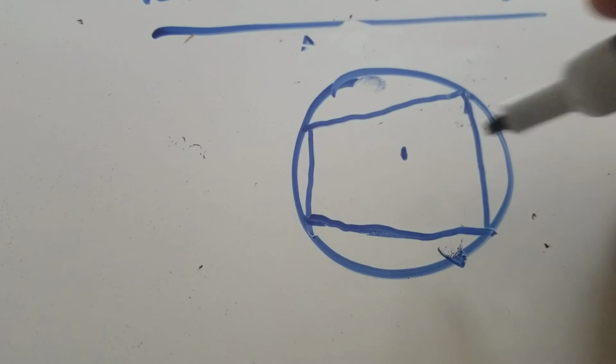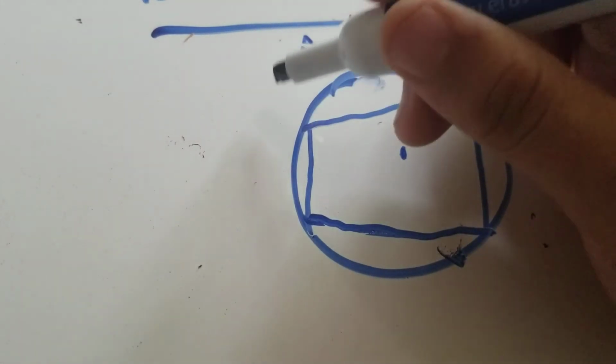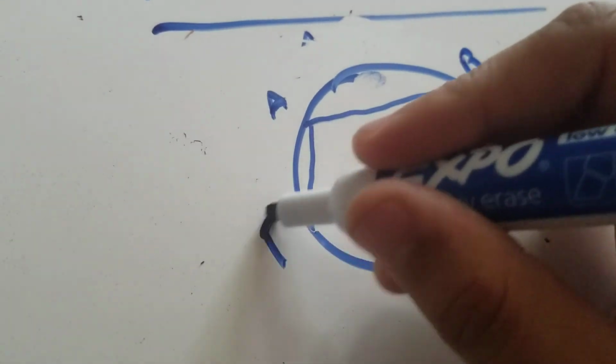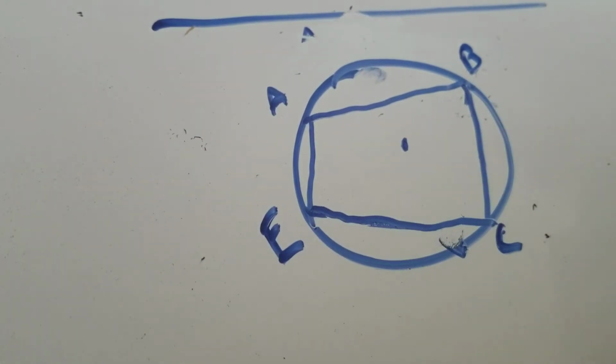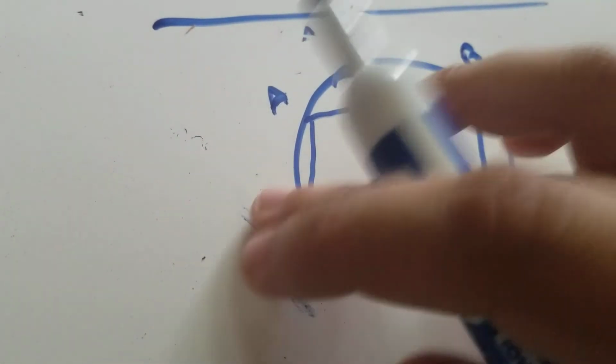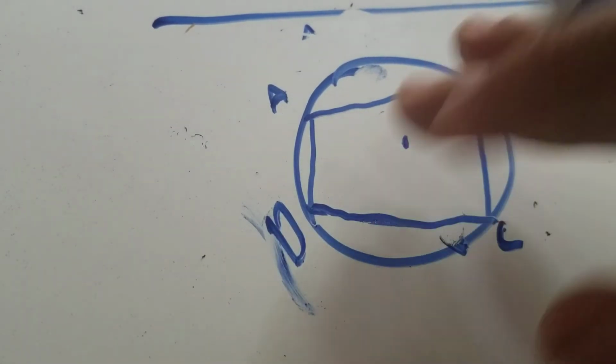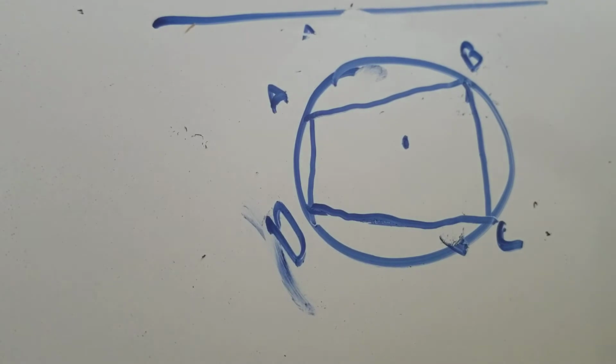So, this is a quadrilateral, and let me put some letters. This quadrilateral A, B, C, D. It's not necessarily a parallelogram or any of those special ones. It's just a four-sided shape, not necessarily a parallelogram or a rectangle. Okay, it's just a four-sided shape.